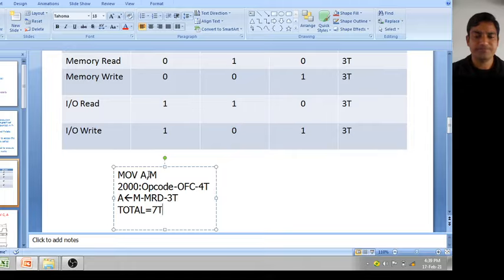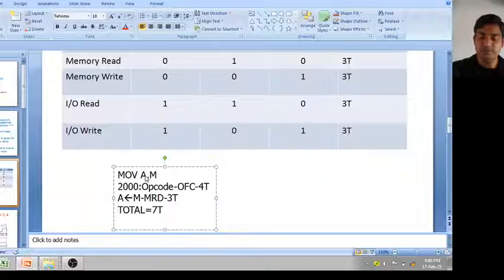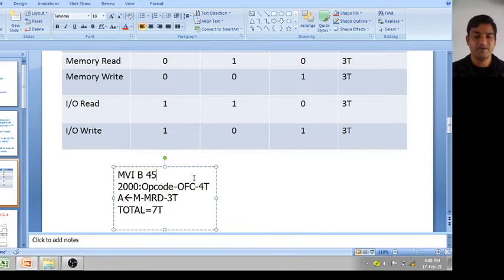Now suppose you have to determine the total number of T states to execute MVI B, 45. Again, first of all you fill the data in memory. Suppose this instruction is available in 2000. In 2000 there will be opcode fetching.